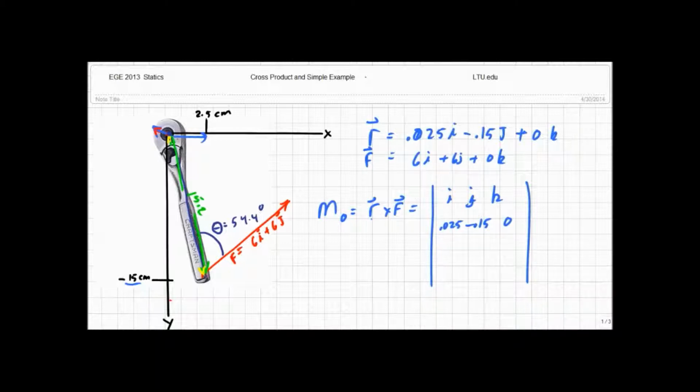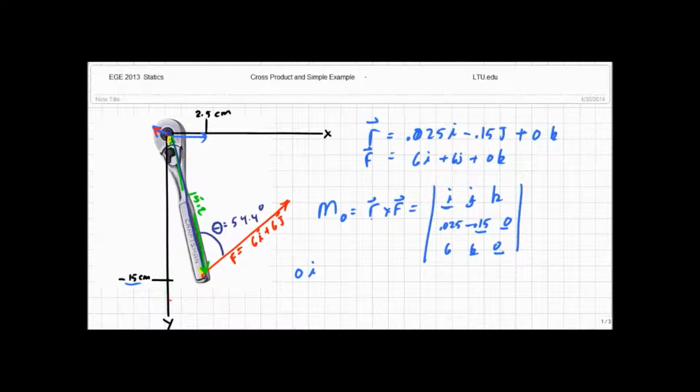F is 6, 6, 0. And if I multiply this out, I start out with I: it's minus 0.15 times 0 minus 0 times 6. Well, those terms are 0, so I've got 0 I.